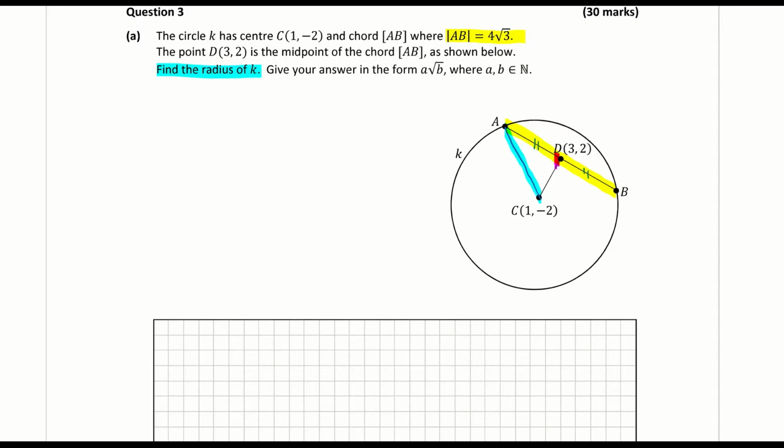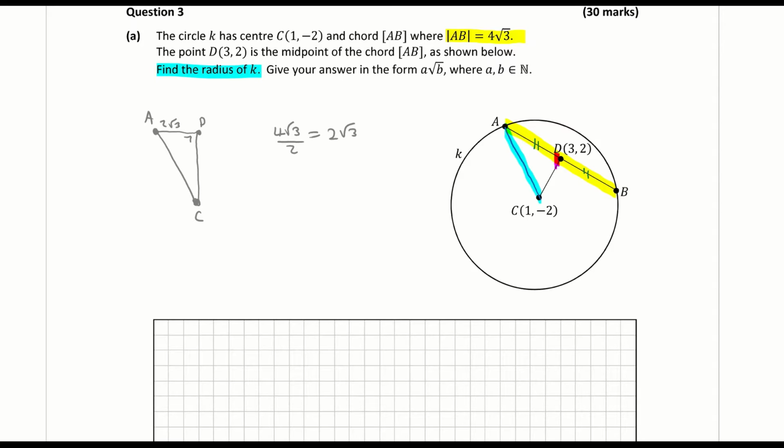I'm going to draw out that triangle. We're going from point A to point C. There's a lot of information there, but hopefully we can figure all that out. And we're going over to the point D. The distance from A to D is half the length of AB, so that's 4√3 divided by 2, which is 2√3.